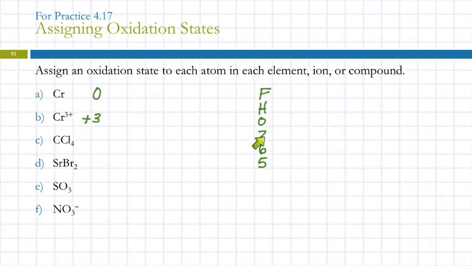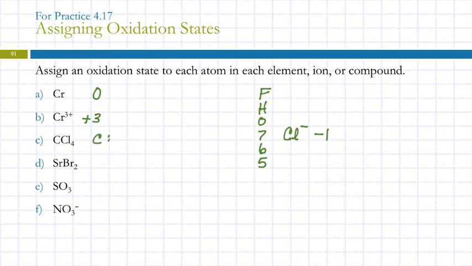What group is chlorine in? Group 7. If chlorine was an ion, what would its charge be? It would like to be chloride, right? It would like the charge of -1, so its oxidation state is going to be -1. So in carbon tetrachloride, we have 2 elements.